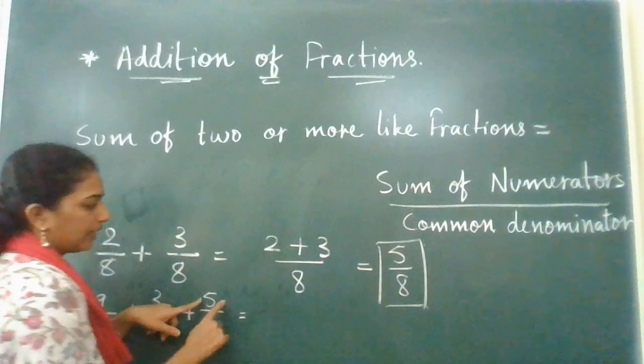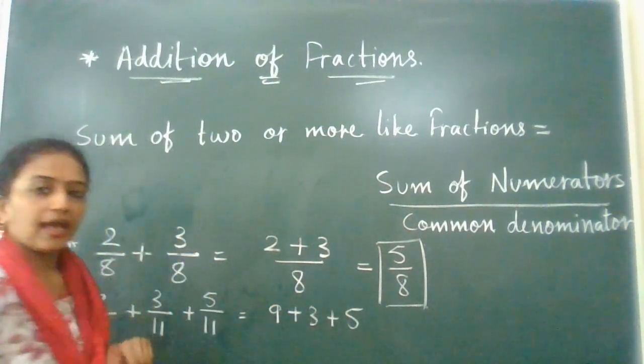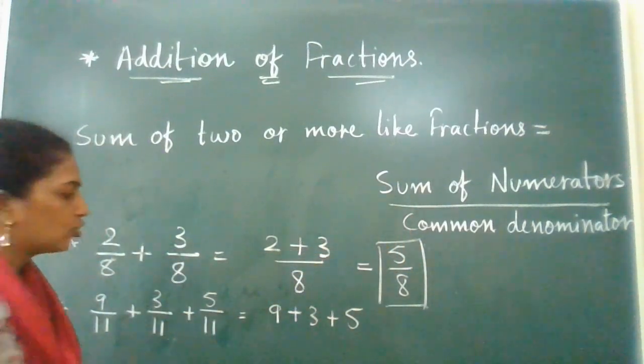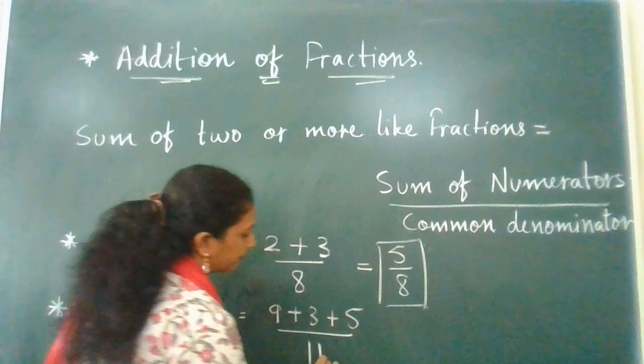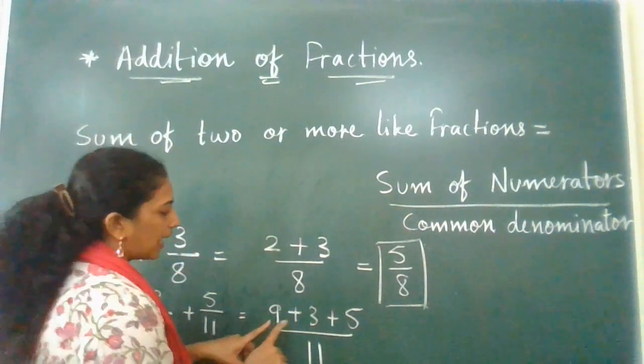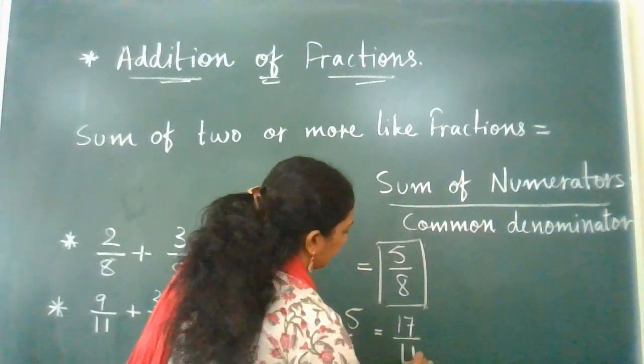There are three numerators, so it will be 9 plus 3 plus 5, and the common denominator. Their denominators are the same, so we'll be writing it only one time. You don't have to write it three times. You can simply write it this way: 9 plus 3 plus 5. And the answer is 17 upon 11.